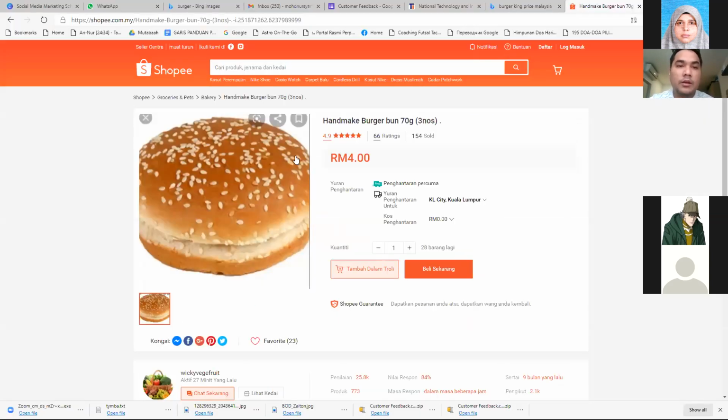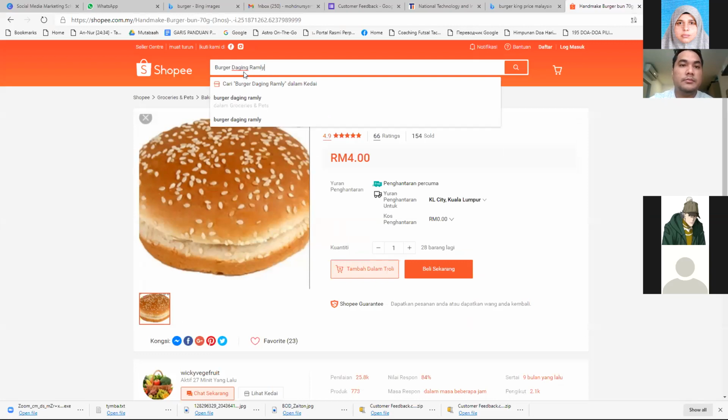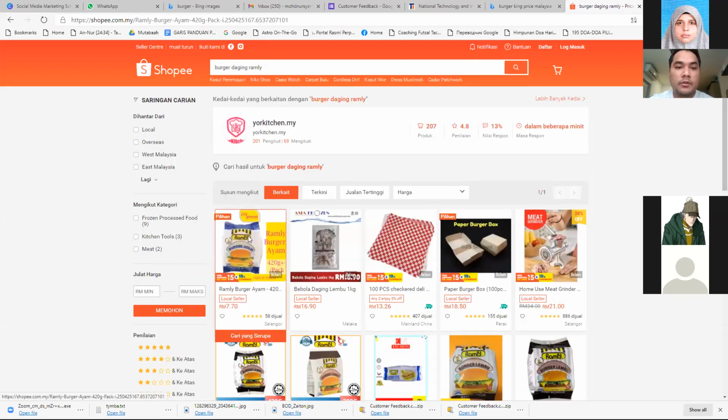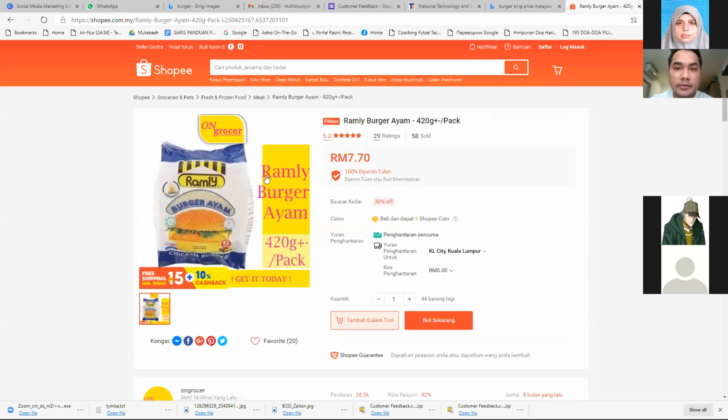The patty burger. How much is the price, guys? 7.70.